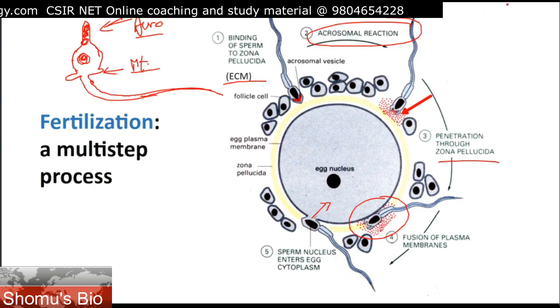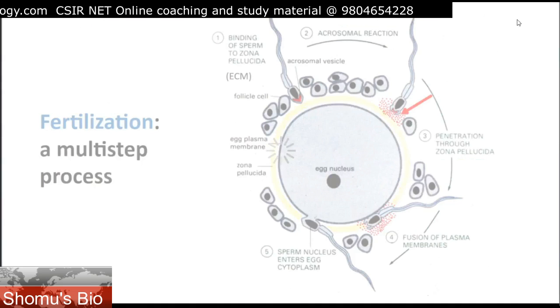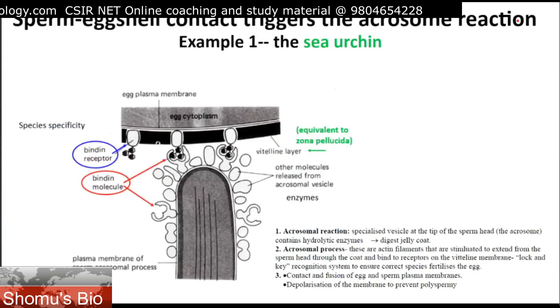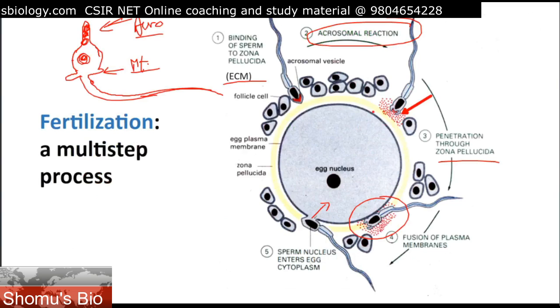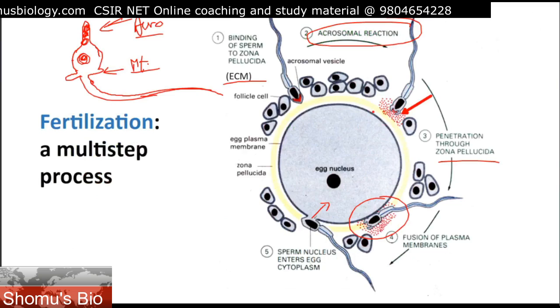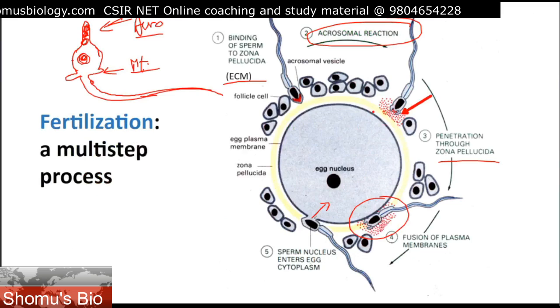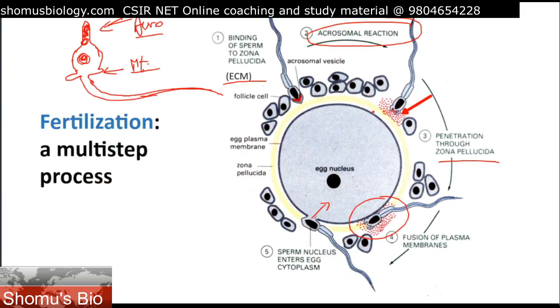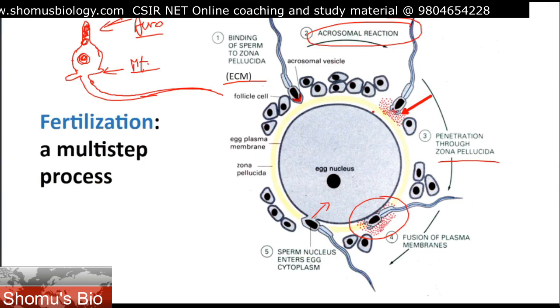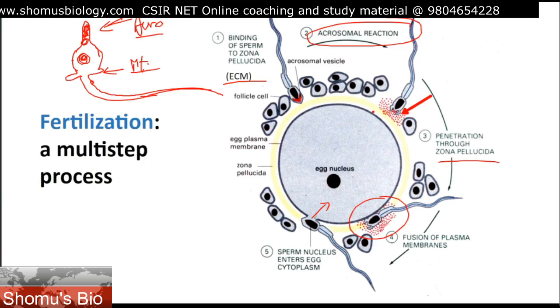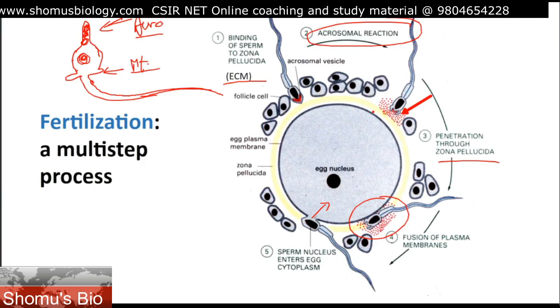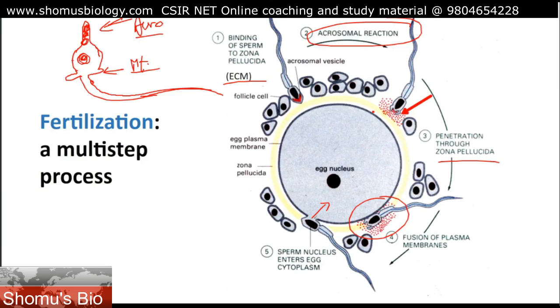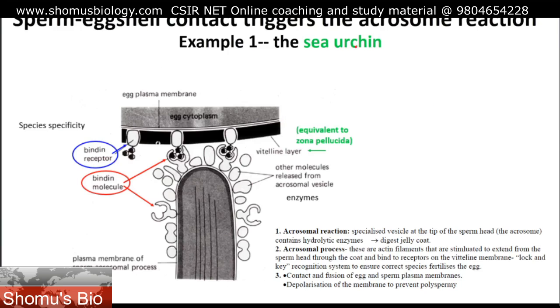Because I told you that there are pre-zygotic and post-zygotic barriers, and one such pre-zygotic barrier is this receptor present on the surface, because the sperm released from one species will not fertilize the egg from another species. For the binding of the sperm with the egg, they need a proper, specific sperm receptor on the surface of the egg, known as a binding receptor.